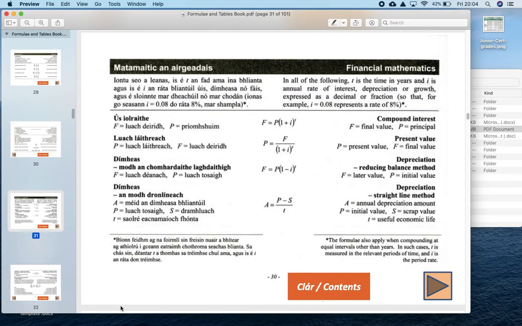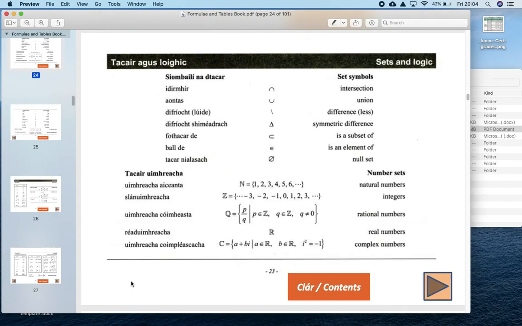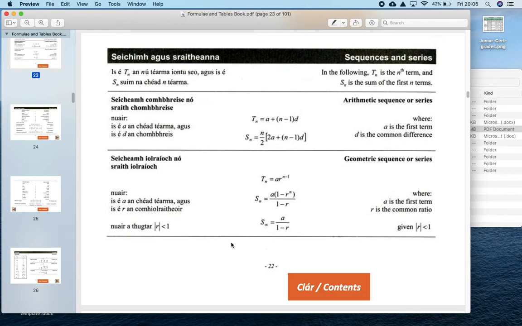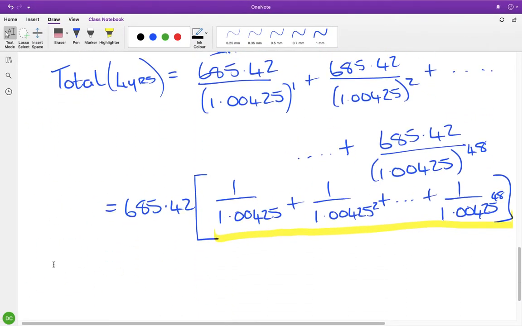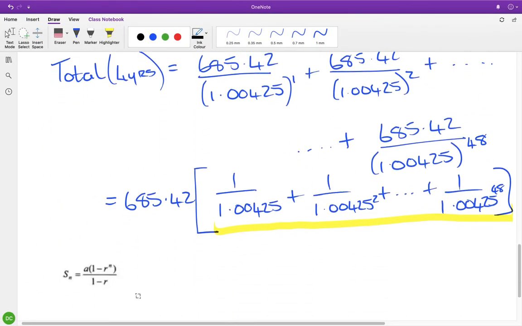Okay, so I go into my book. What page did I say? 22. Yeah. So here is the formula that I want. It's a geometric sequence. So I'm going to go back here and I'm going to apply this. Okay, so I'm just going to do it in a different colour. So A is the first term of the sequence, which is 1 over 1.00425.